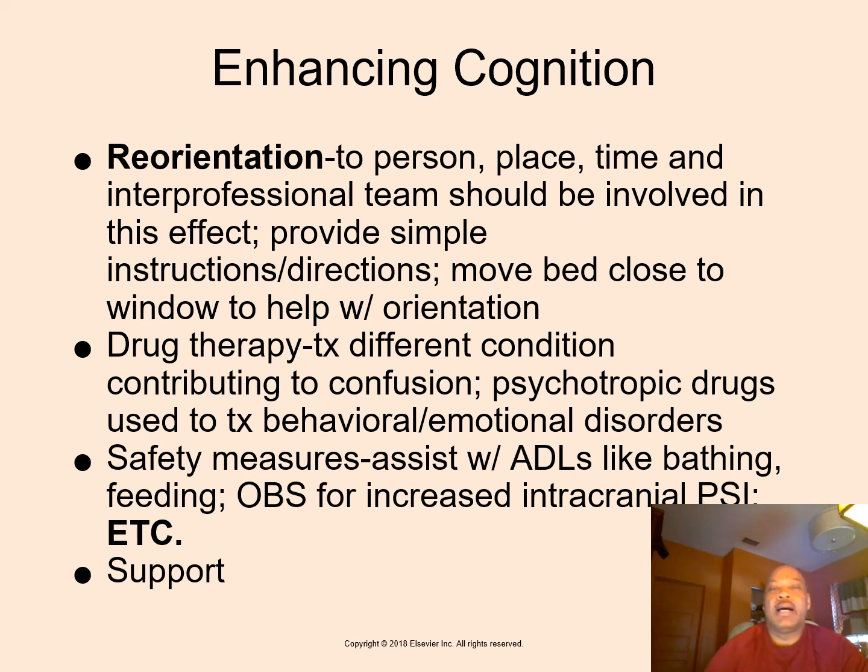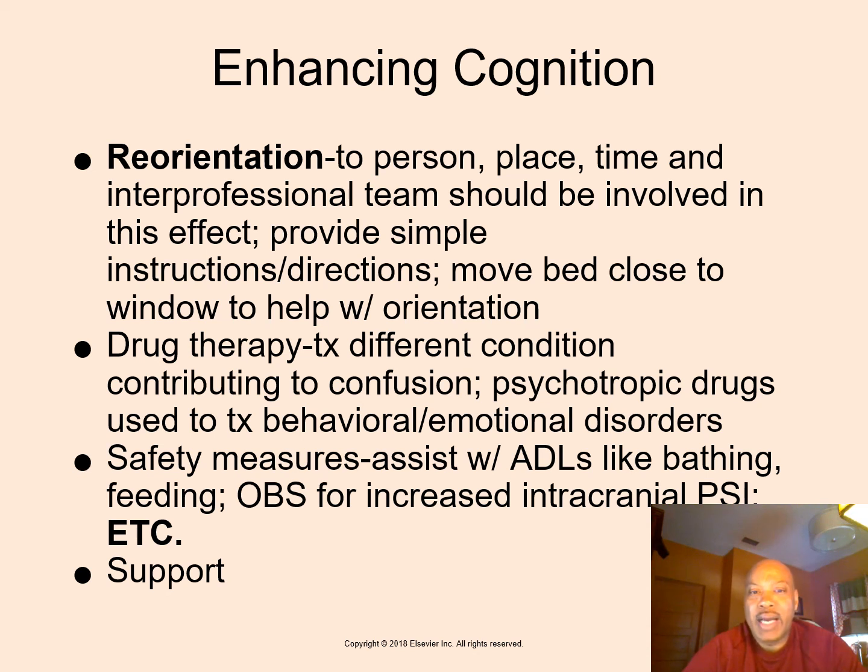All right. The other priority issue is enhancing cognition, because remember, these patients' cognitive capacity is also impacted by this disease. We want to reorient these patients to person, place, and time. And the interprofessional team should be involved in this effort.